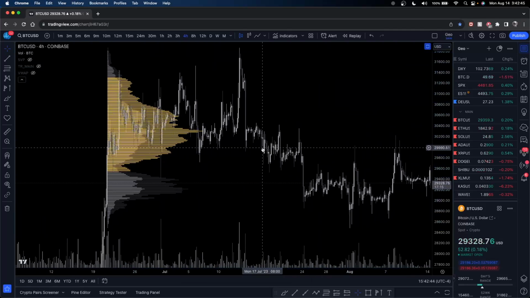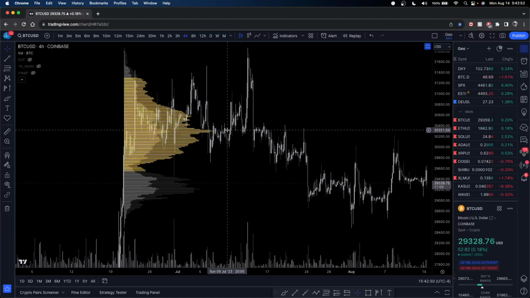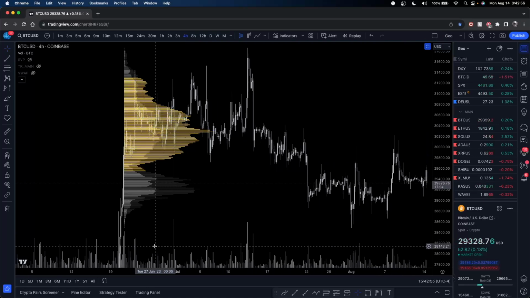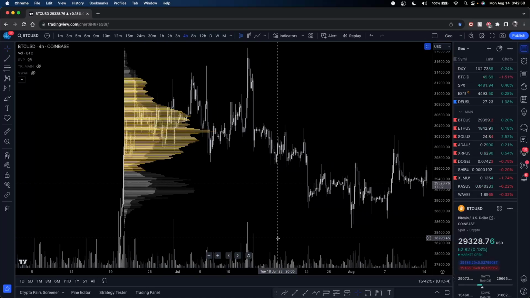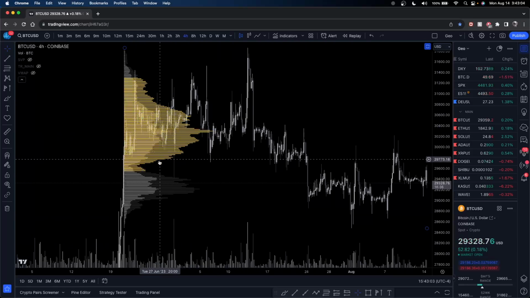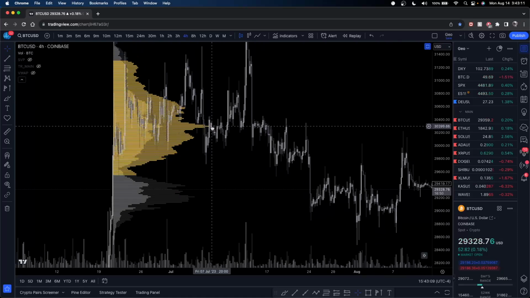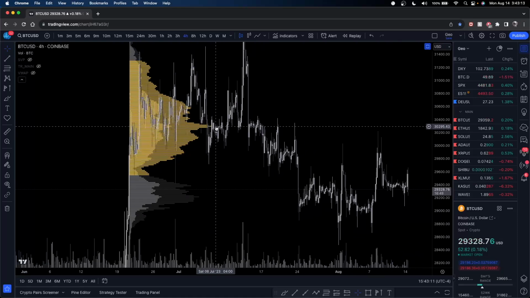These are peaks and valleys within price at a certain level. These candles on the bottom represent volume based on time, and these candles represent volume based on price. What these peaks are called is a high volume node.